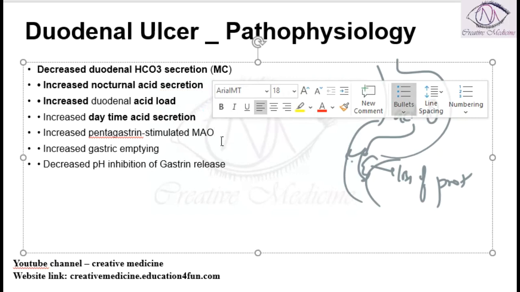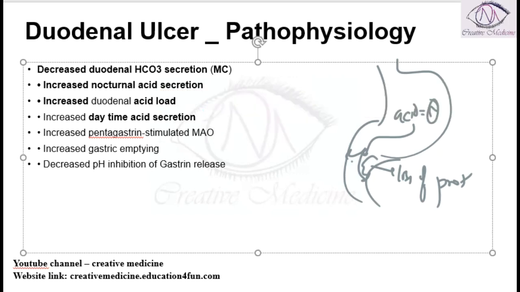Increased daytime acid secretion may be seen. Increased pentagastrin stimulated monoamine oxidase may be seen, and increased gastric emptying with decreased pH inhibition of gastrin release are also important features of duodenal ulcer.